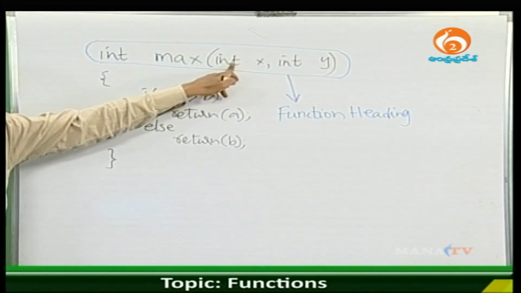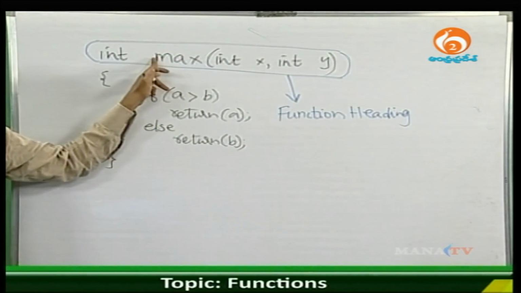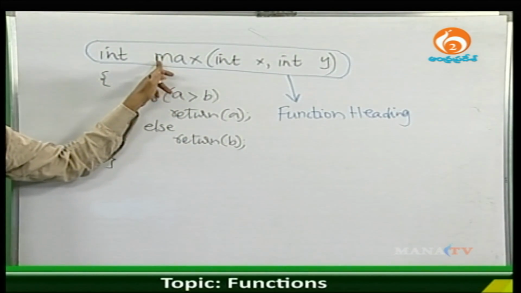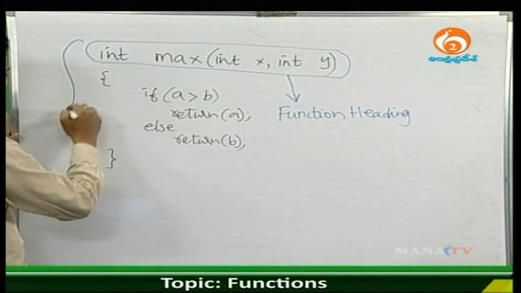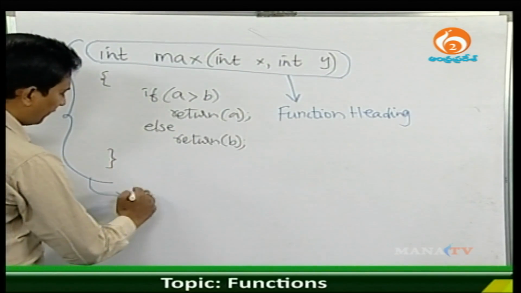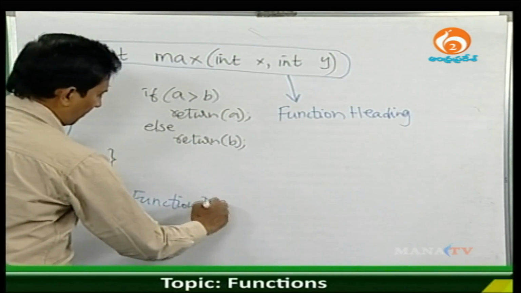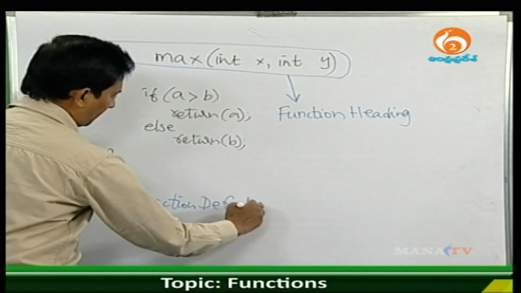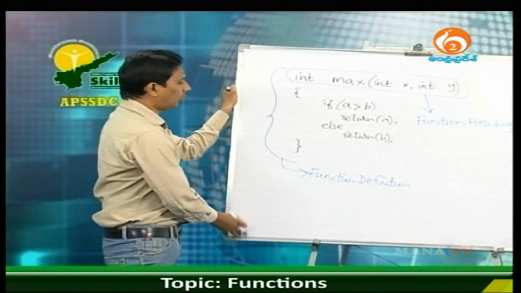The first line of the function definition is called the function heading. This entire thing is known as the function definition, but this first line is called the function heading.